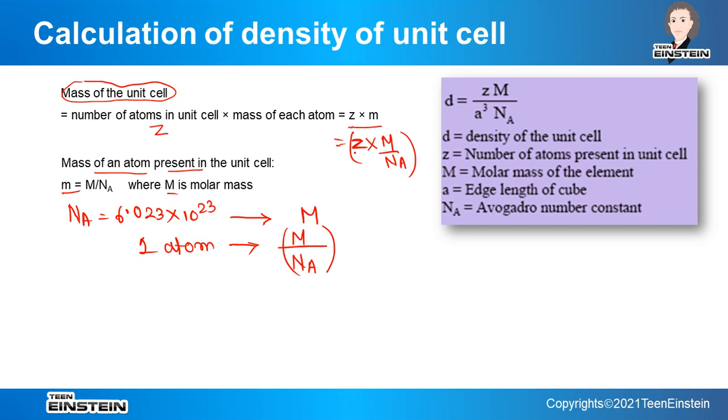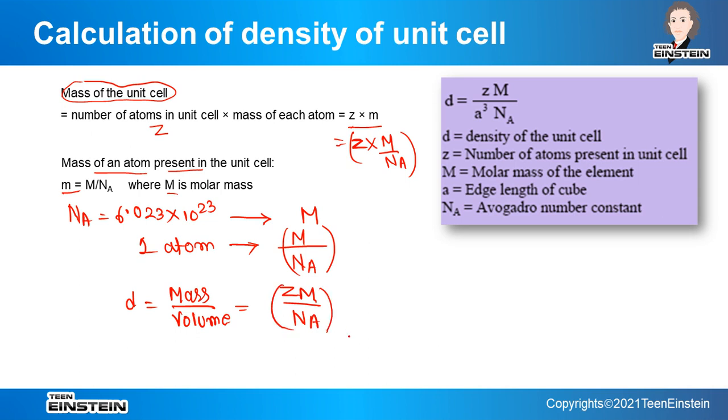So if the Z value, suppose for BCC it is 2, then we will write 2 into M by Na. For FCC it is 4, so 4 into M by Na. Okay, now density is mass by volume, and mass we have already calculated, which is ZM divided by Na.